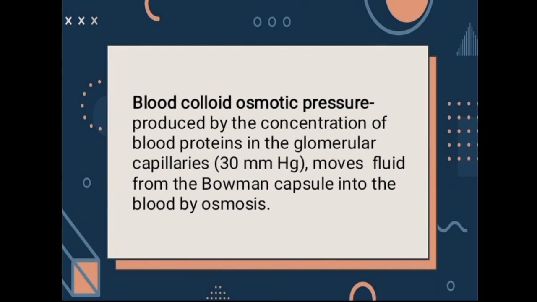Blood colloid osmotic pressure, produced by the concentration of blood proteins in the glomerular capillaries, moves fluid from the Bowman capsule into the blood by osmosis. So, this is the pressure created by the concentration of colloidal proteins in the blood. Its effect on capillary exchange accounts for the reabsorption of water.